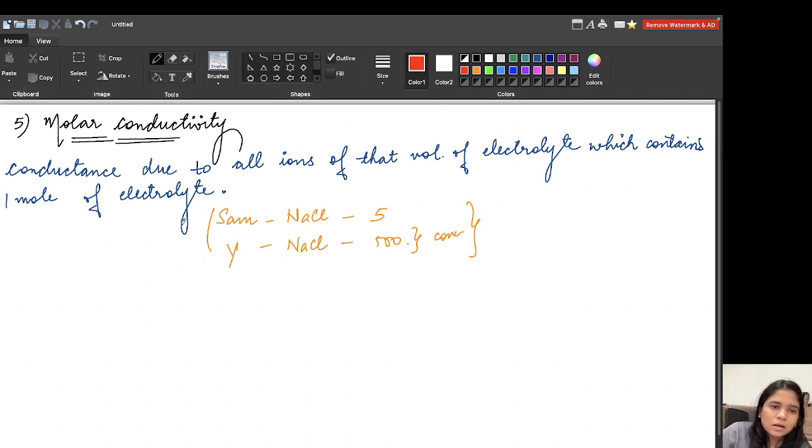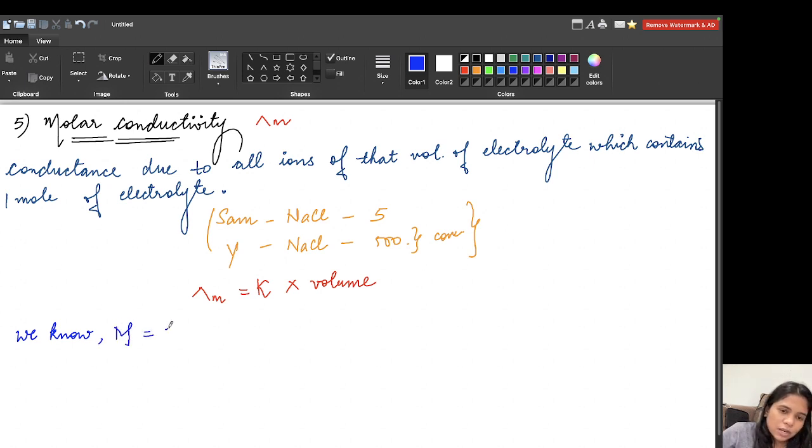And what will be the formula? It is represented in this fashion. So molar conductivity will be equal to kappa into volume. Now we already know molarity. What is molarity? Moles of solute dissolved in a liter of solution.